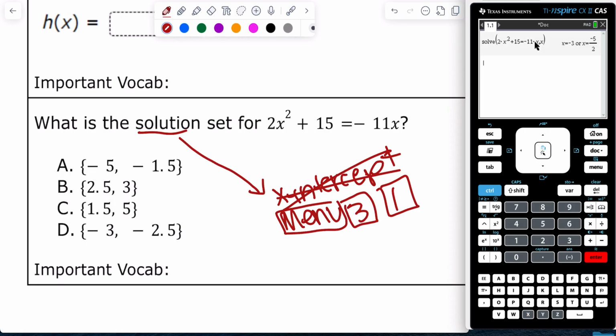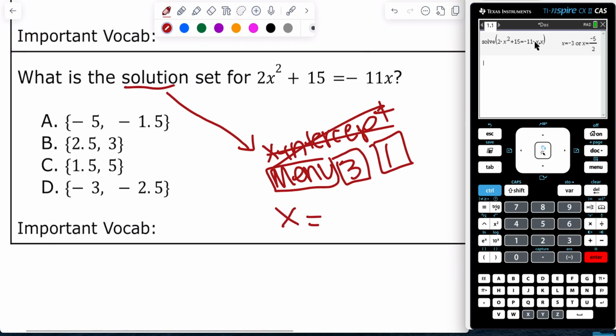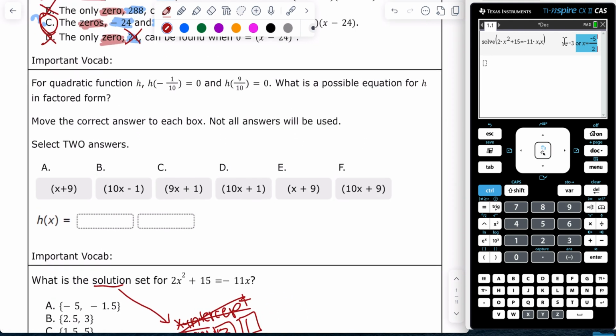And that gives me, oh, it should have only given me x equals negative 3. It won't give you both like this. This should be off. So now I'm going to look for negative 3 in my answers. And the only one that has negative 3 is D. That would be my answer. My important word is solution. Okay. So now for the next one.